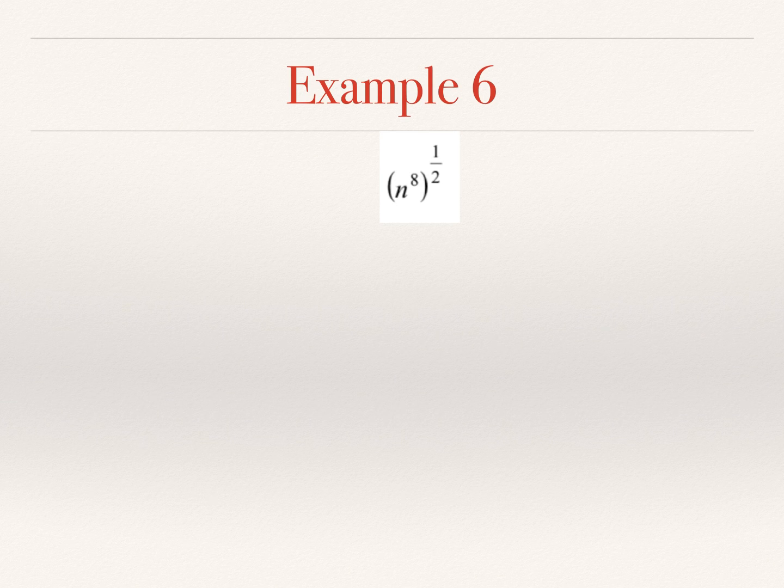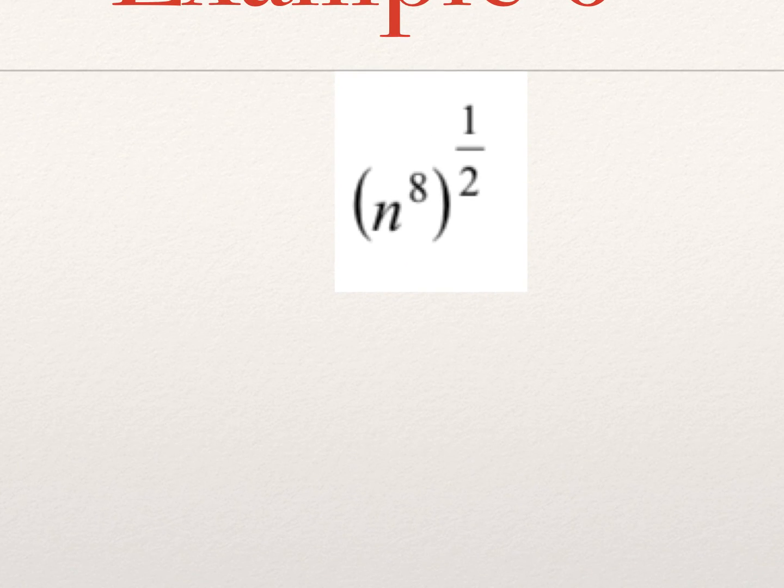All right, example 6. We saw one exactly like this on the quiz. There's 2 different ways we can solve this. What is one way? n times n 8 times.